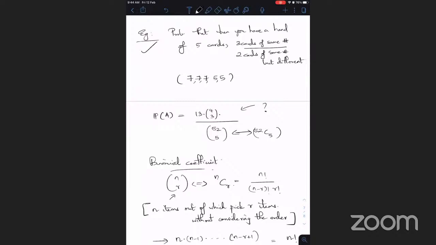And can you tell me the rest of it? So now we have picked one card which repeats 3 times, and this is the number of ways that is possible. Now you need to pick another number, and you need to pick 2 of them. How do you do that?